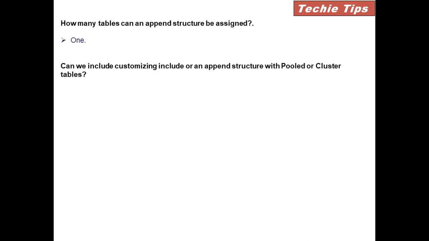Can we include customizing includes or an append structure with pooled or clustered tables? No, we cannot use customizing includes or an append structure with pooled or clustered tables. What are the aggregate objects in the dictionary?